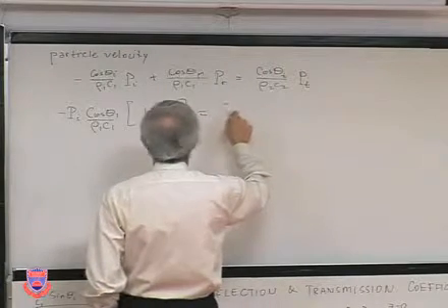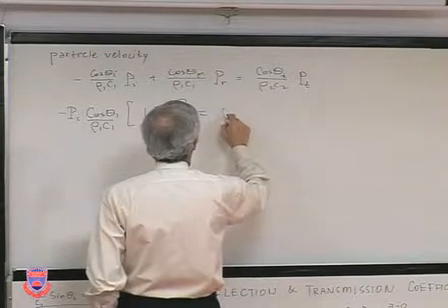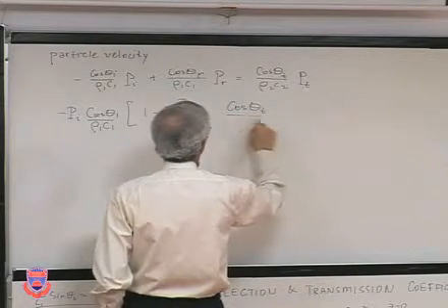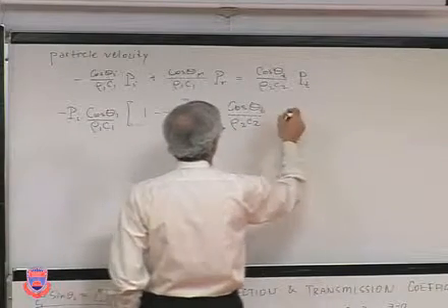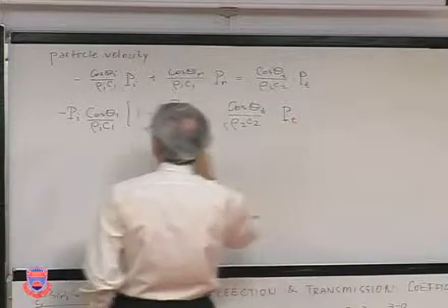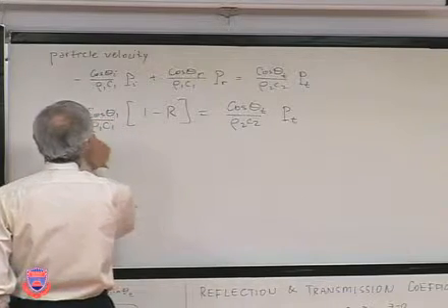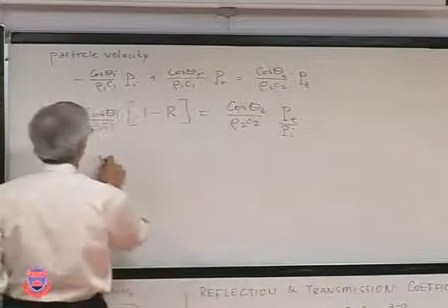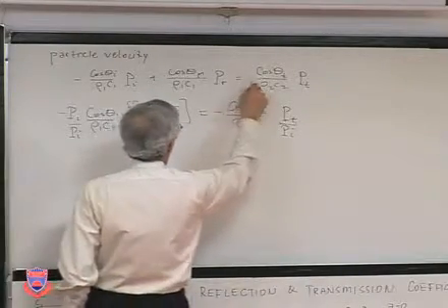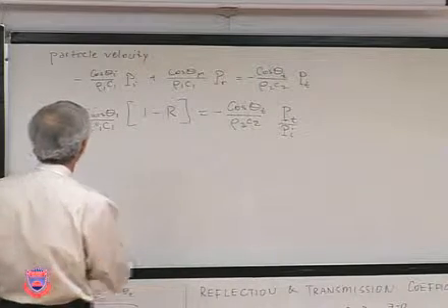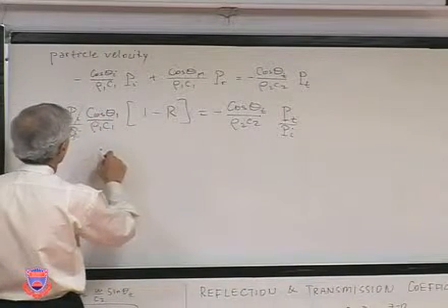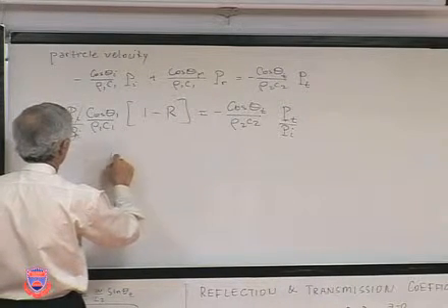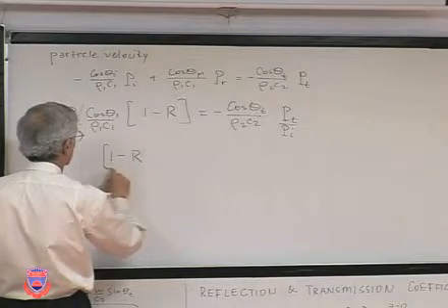And this will be, if I do the same, cosine theta_t over rho_2 c_2 times t. Divide both sides by p_i. That would give me, oh, this should be negative. Okay. Opposite direction, so this will give me 1 minus r.